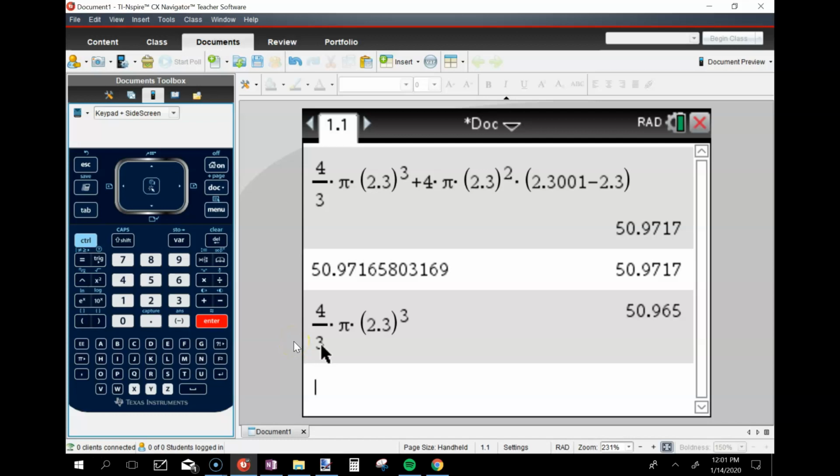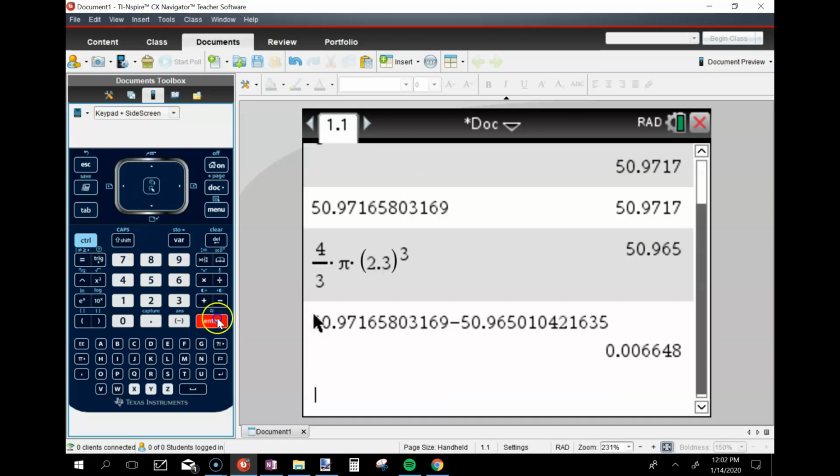All right. So my question is this. There's a difference here, right? So the maximum amount of volume that I could be off is going to be what? That minus that, right? I can be off by that much volume. That's the maximum amount of volume that I'll be off.